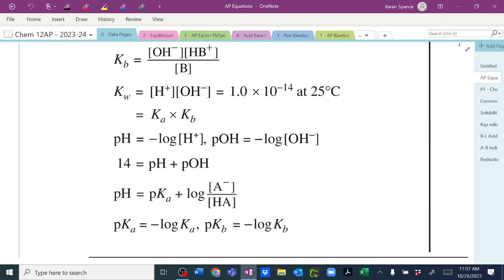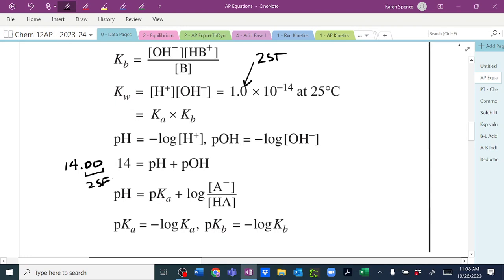The nice thing is they give you the formula. Oh, and they do give you 1.0. So I would just go for 2 sig figs on the 14.00 on the AP exam because we have 2 sig figs here.